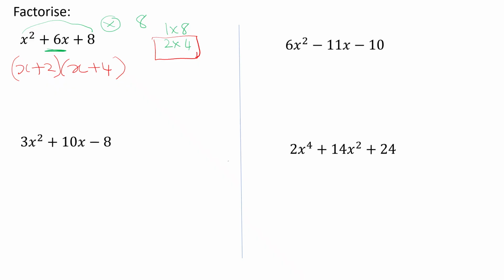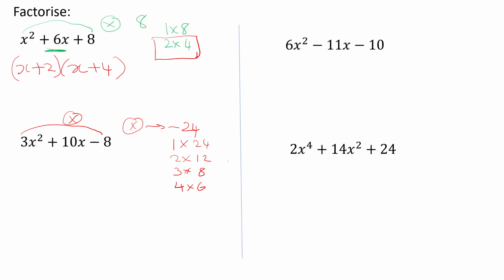3x squared plus 10x minus 8. You multiply 3 times negative 8, which is negative 24. The factors of negative 24: 1 times 24, 2 times 12, 3 times 8, 4 times 6.